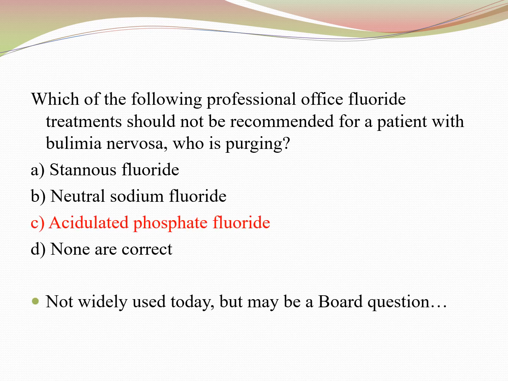It would be the APF, the acidulated phosphate. We don't see this used quite as much today, but if someone has bulimia or they're purging, they've already got that acidity, so we're not going to want to put an acidic fluoride on top of that. Neutral sodium fluoride or a stannous fluoride are fine, but I have heard some people mention that might still be included on the board, so I included that one.